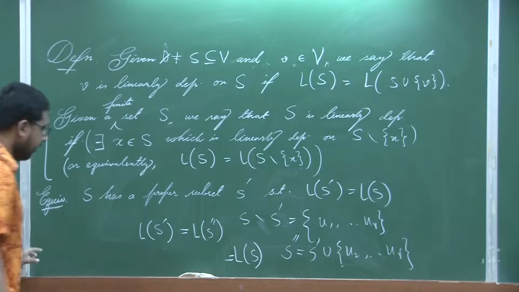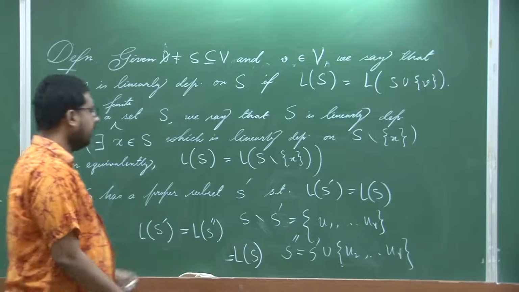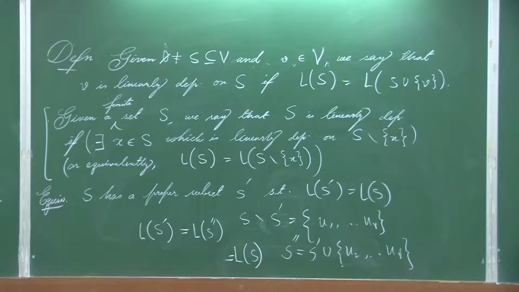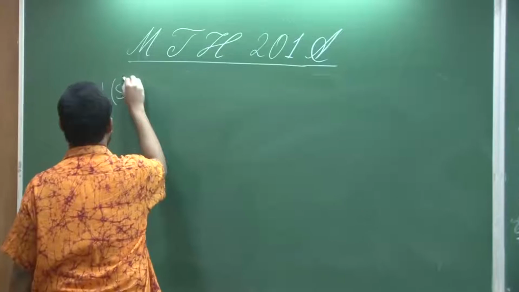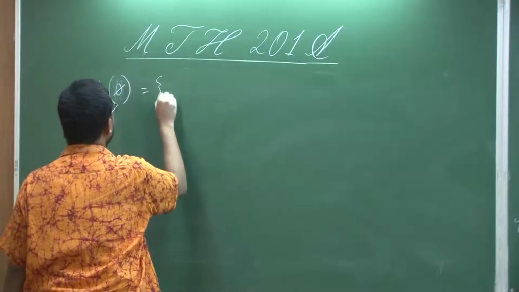Well, here you might raise one objection that while defining linear span I consistently take that to be a non-empty set. So what happens if we just consider the empty set? For that we define the linear span of the empty set to be the trivial one.